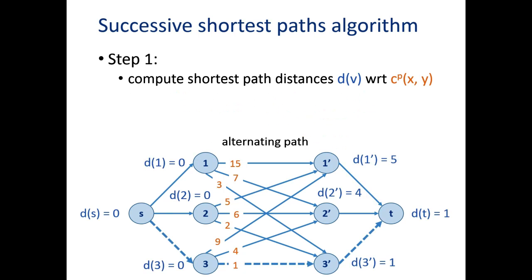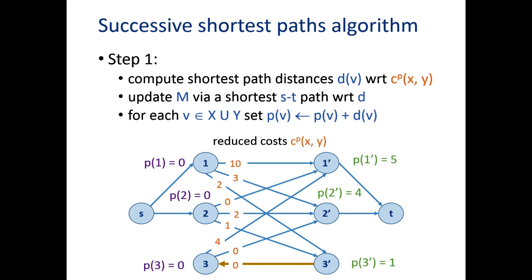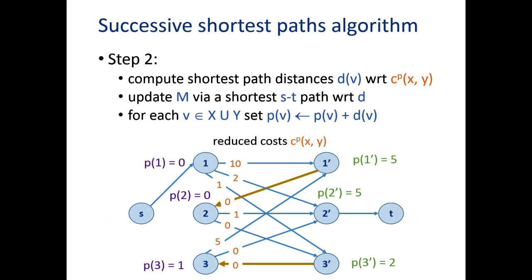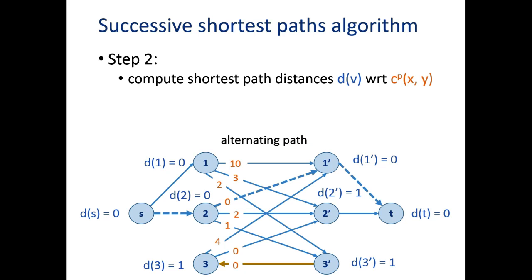Let's see, what were the prices? Prices were 5, 4, 1. Now the only distance that changed was that distance. These are my current distances, 1 and 1.